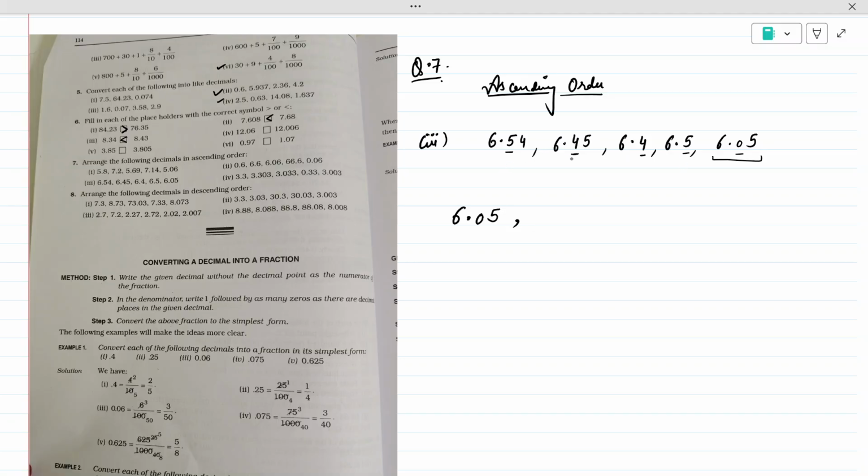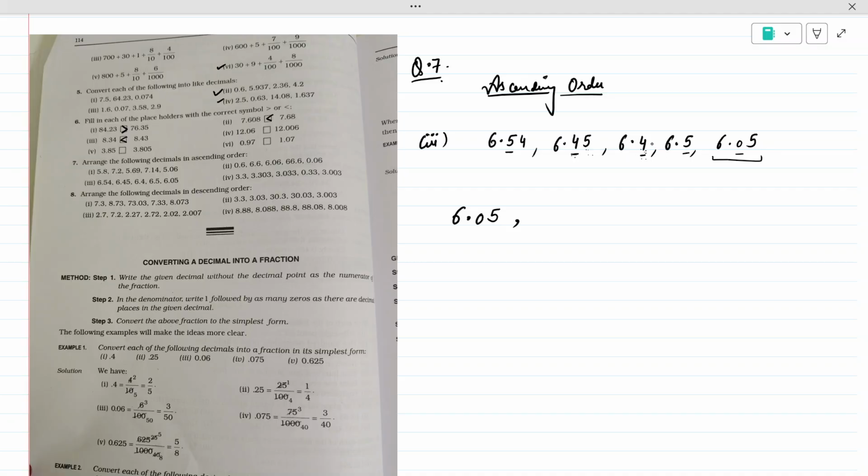So here we have 6.45 and 6.4. Let us compare these two numbers, 6.45 and 6.4. In both these numbers, the number at 10th place is the same, 4 and 4. So that means now we have to compare the number at 100th place. Here at the 100th place we have 5, and here we have nothing.